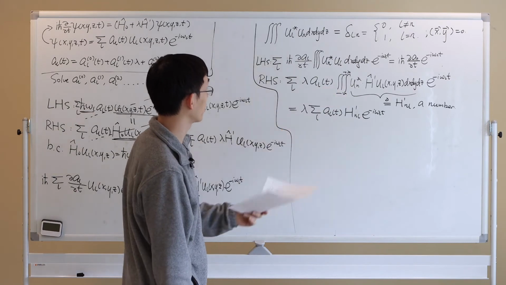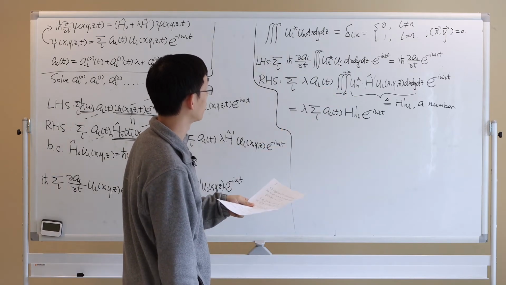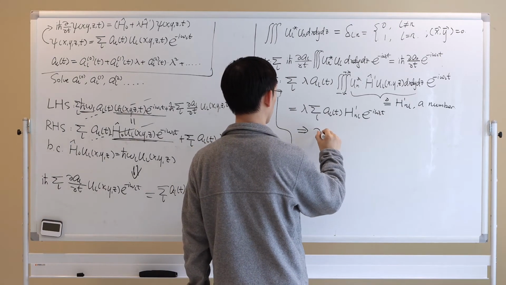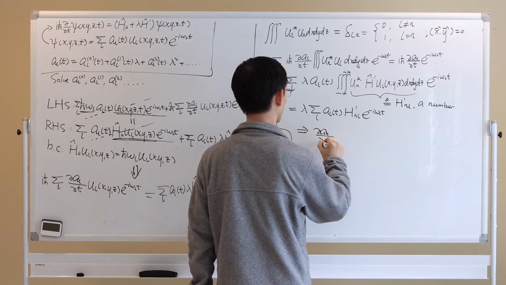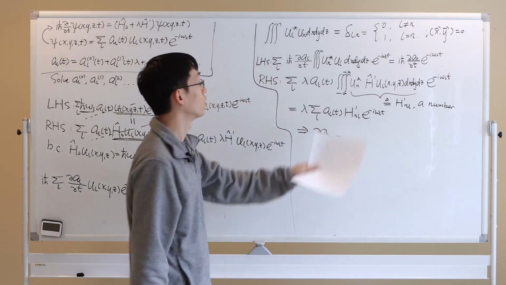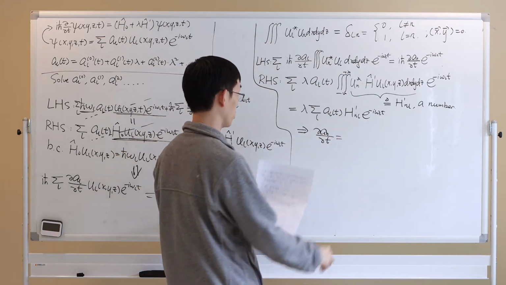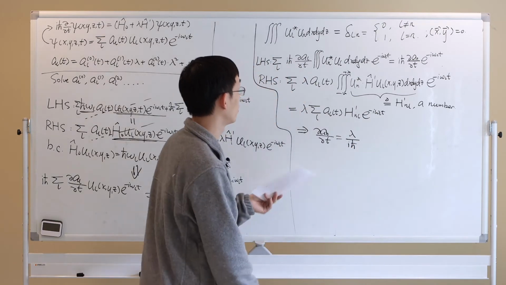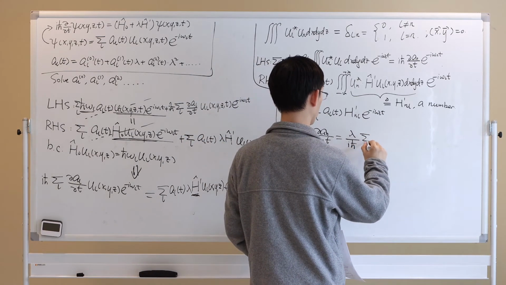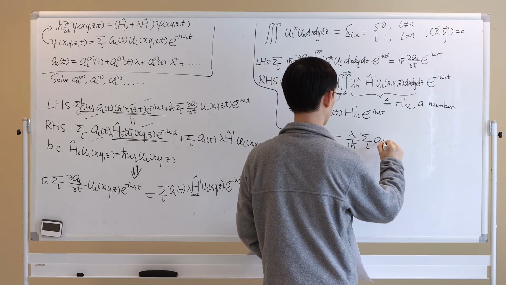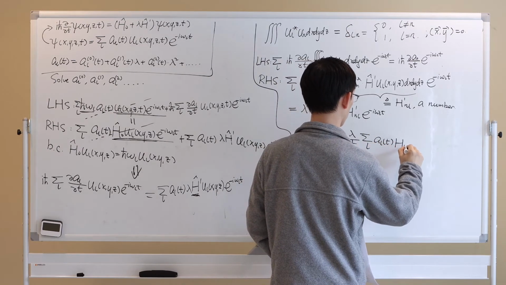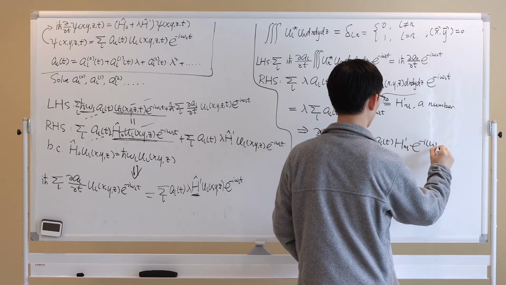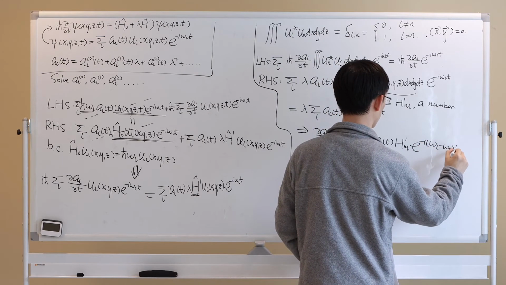So left-hand side and right-hand side, if you write this down together, then what you get is ∂a_n/∂t equals, move everything to the right, λ divided by iħ, sum over l, a_l(t), H_nl, a number, and this is e to the minus i(ω_l minus ω_n)t.